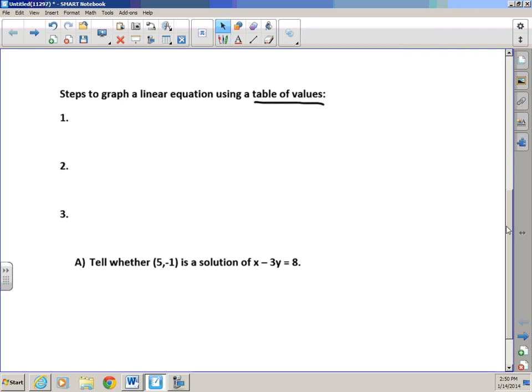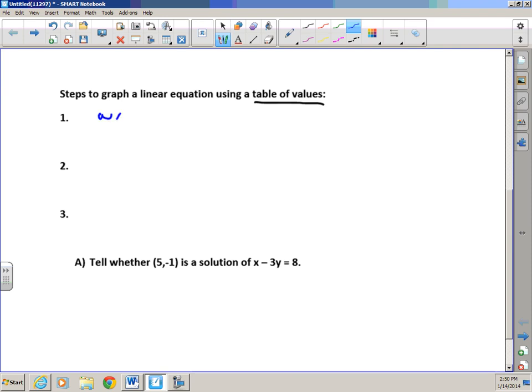It's not the most efficient way to do it, but it is helpful to know how to do it, and it is used when we graph other types of shapes. The other two ways you're going to learn are more efficient and easier to deal with. But like anything, the more different ways you learn how to do something, the better off you are.